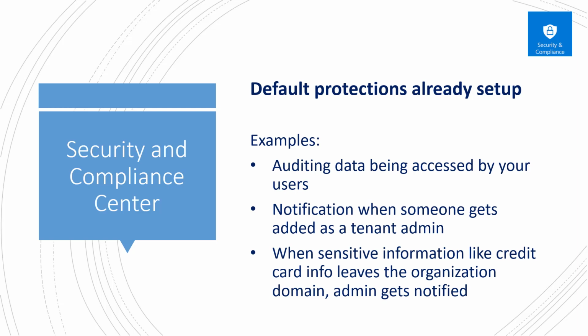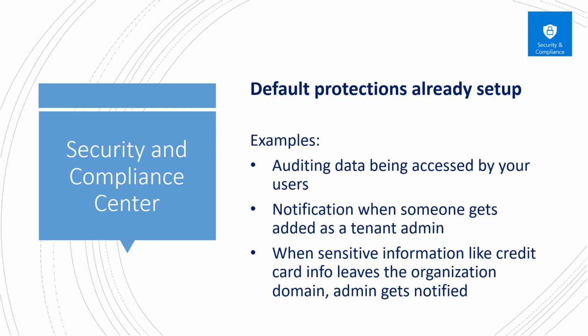And also very important, when anyone in the organization is sending out information that could be categorized as sensitive information, like credit card information or social security number or other kind of stuff like that, the admin automatically gets notified. Okay, so this is for the protection of the company, and it just flags it.